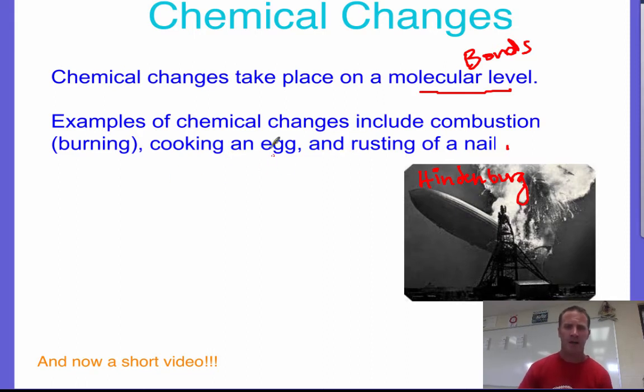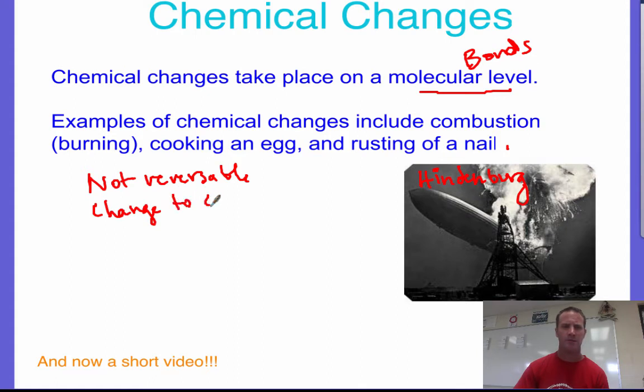Again, the requirements of chemical changes. One, these are not reversible, at least not in any ordinary terms. You've got to do something to it. You've got to do a reaction of some sort. Usually they're an actual change to the substance.